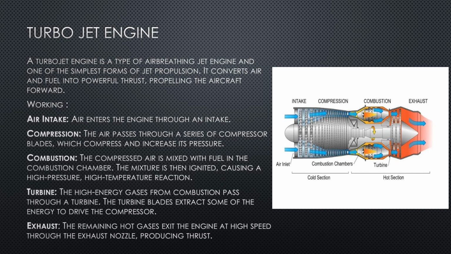Then the fourth stage is the turbine. The high energy gases from combustion pass through a turbine. The turbine blades extract some of the energy to drive the compressor. Then the last stage is exhaust. The remaining hot gases exit the engine at high speed through the exhaust nozzle, producing thrust. In the turbojet engine, the compressor is driven with the help of the turbine.